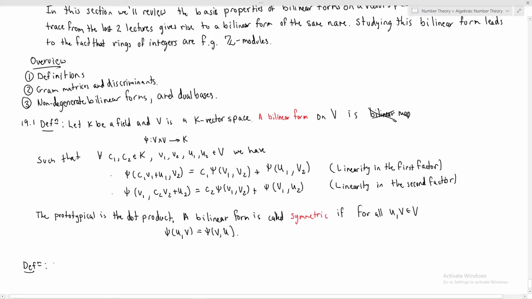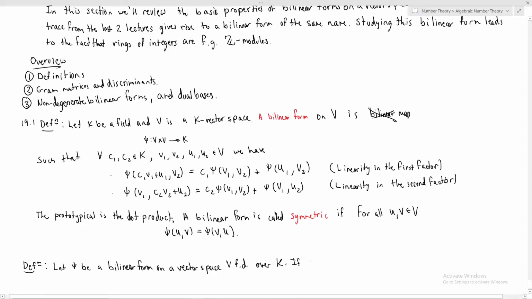Say let psi be a bilinear form on a vector space V. Let's say V is finite dimensional over K. Actually, let's not presuppose these. So first of all, let's define what the Gram matrix is.